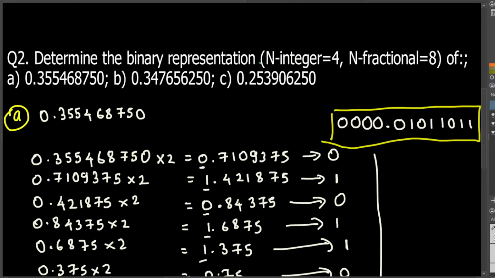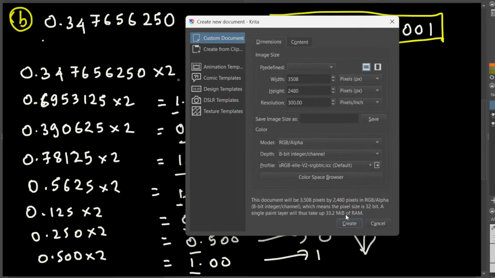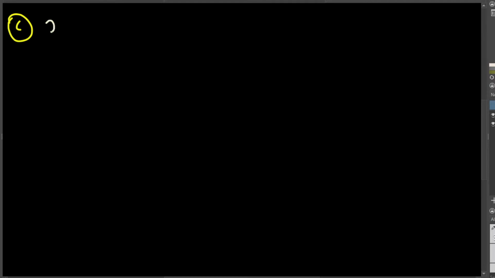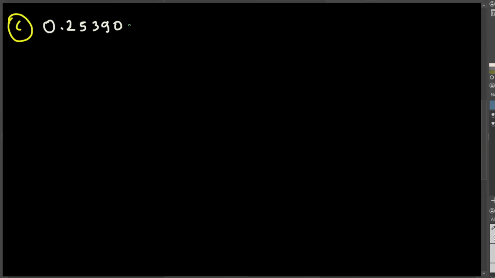Now let's look at the C part. The C part has 0.25390, then 250.